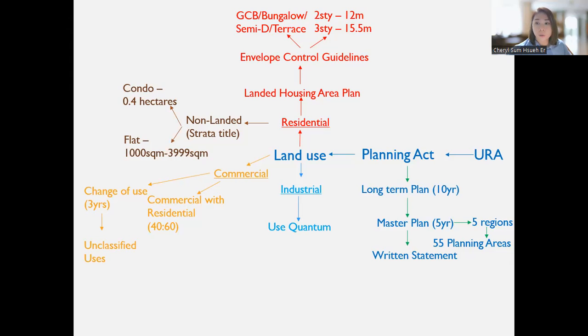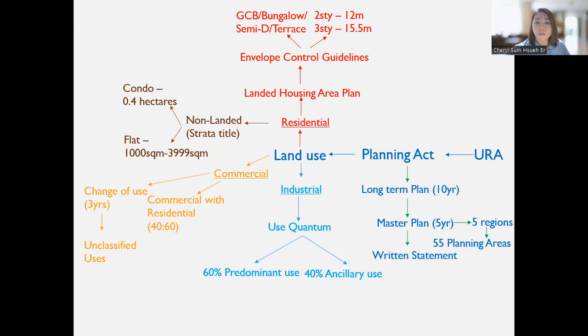Any businesses or users that intend to rent or operate in an industrial premises must fulfill use quantum. In a nutshell, 60% of the space must be used for predominant industrial uses and 40% in ancillary uses. Okay, so this is my mind map for the part on land uses.